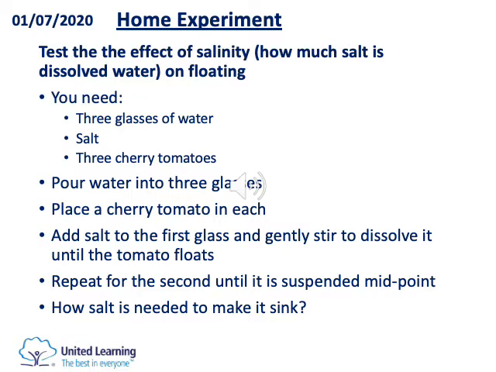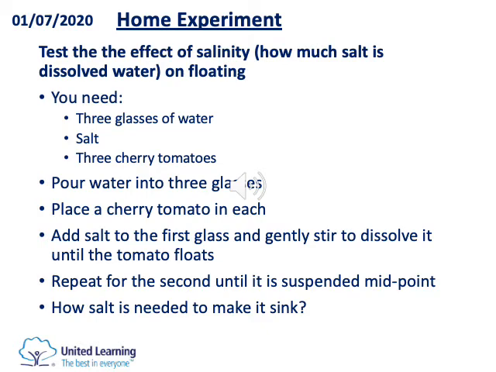You can do a quick little experiment at home to test how changing the density of water affects the floating of an object. For this little experiment you need 3 glasses of water, salt and 3 cherry tomatoes. First thing to do is pour water into all 3 glasses, place the cherry tomato in each, add salt to the first glass and gently stir to dissolve it until the tomato is actually floating on top of the water.